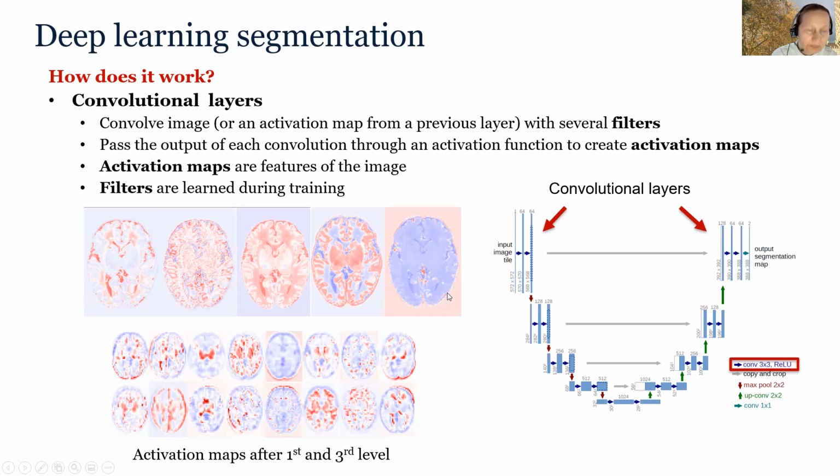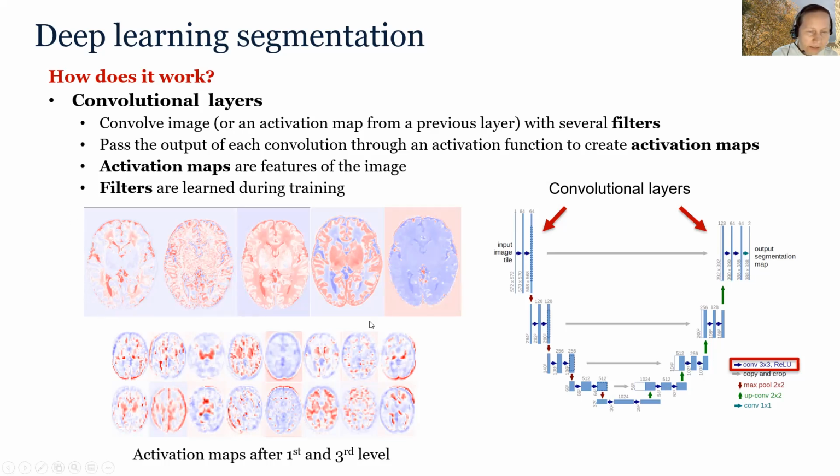After the filter, we also apply the activation function to create activation maps. So these activation maps are our features. As I said, it can be a convolution of the original image, or a convolution of the output activation maps from the previous layer.